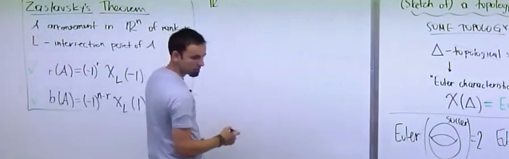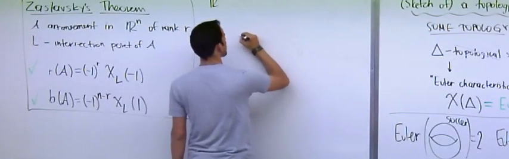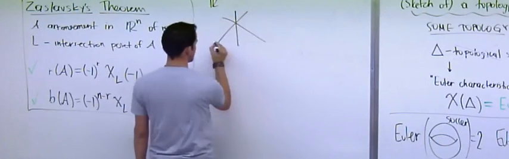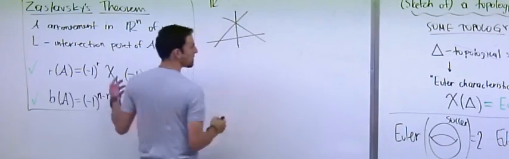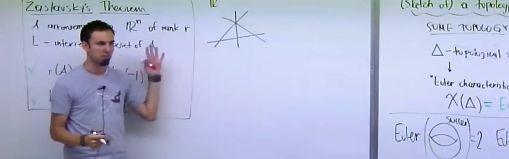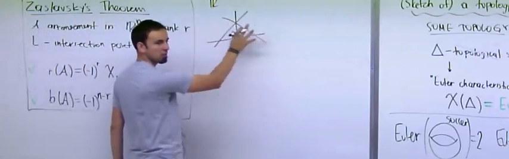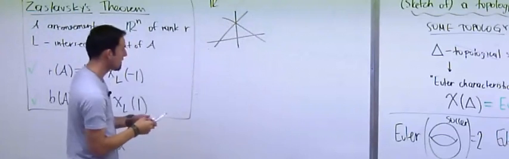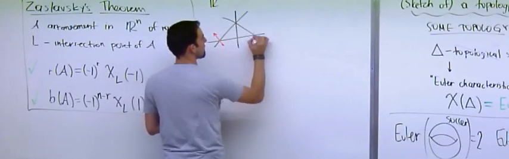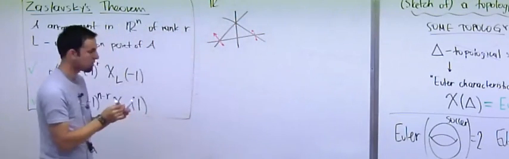And to make things concrete, let me just look at the slice. Let me just assume that the board is one of the planes in my picture. So this is a three-dimensional arrangement, but this is one of the flats in the picture. There's other things going on here, into the board, out of the board. This is just a slice of the arrangement.